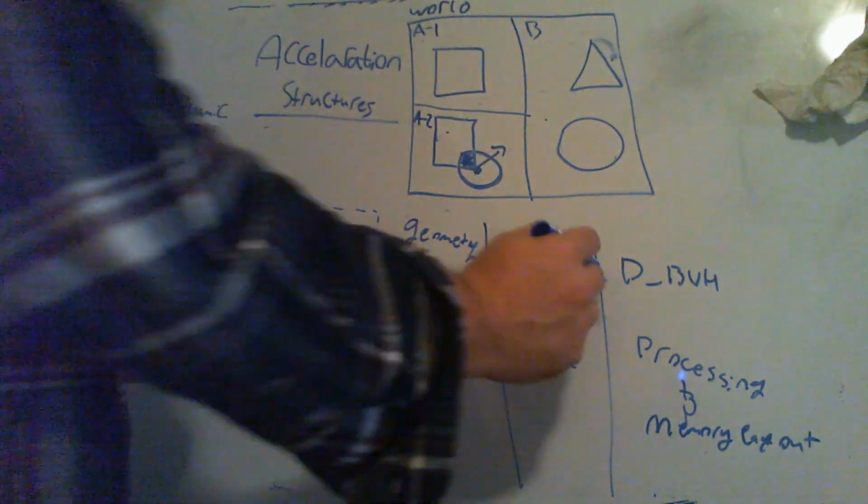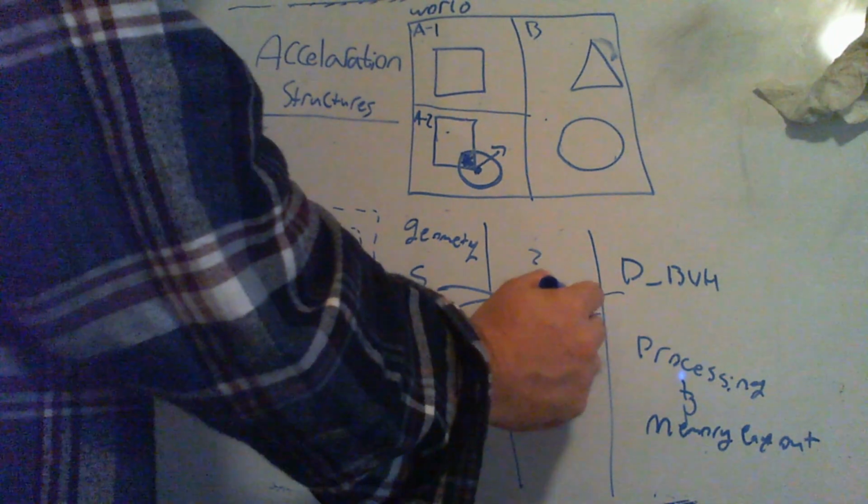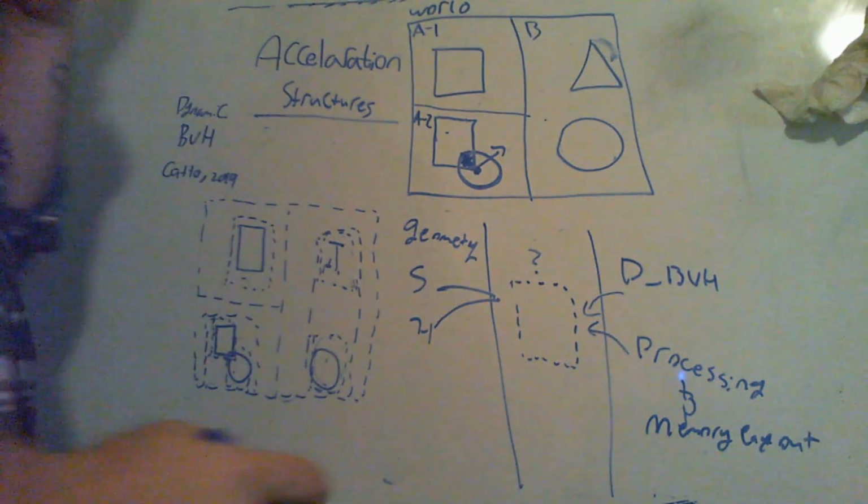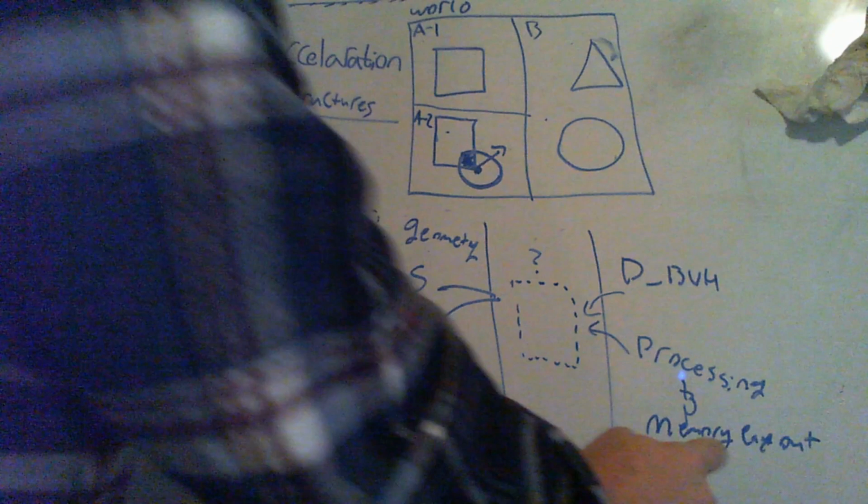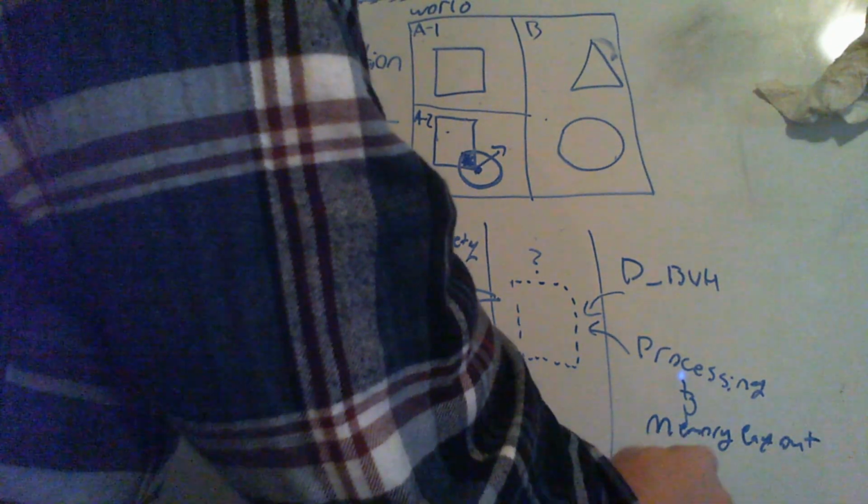And we also want a nice memory layout because cache rules. So we have some question marks. What is this thing? And then also, what is the memory layout?